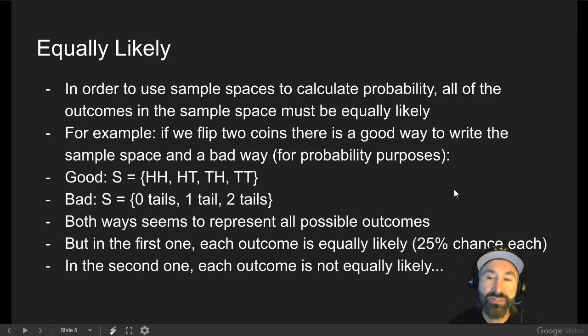And I will tell you that there is a really good way to verify which of these sample spaces is correct, and it is using a simulation. And you can either do the simulation manually or using a computer program. And I am hopeful we are going to visit the computer program option.